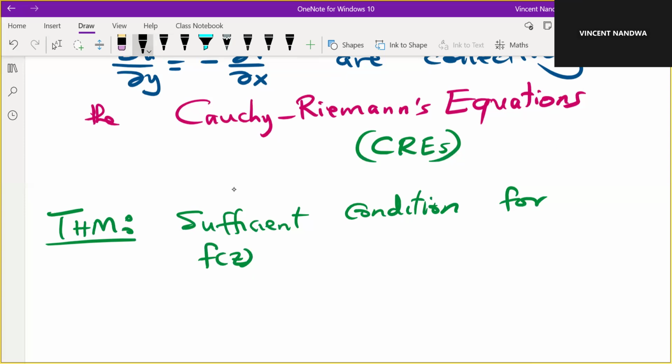So for f of z to be analytic sufficiently, we need to add another condition: the CREs must exist and also all the partial derivatives.